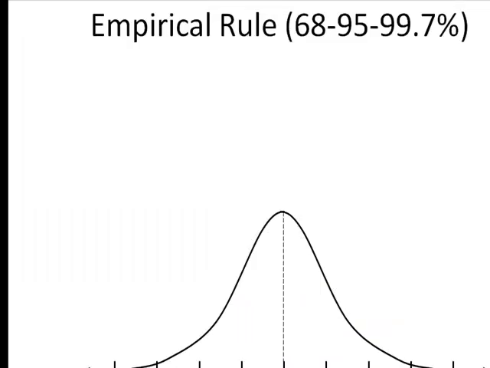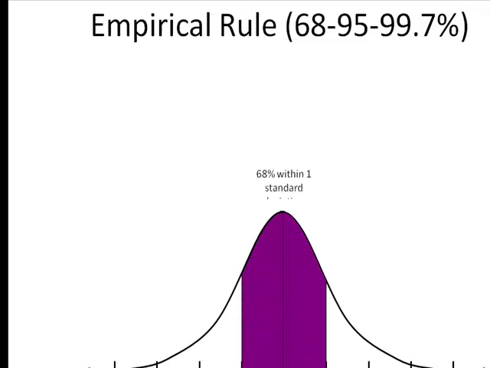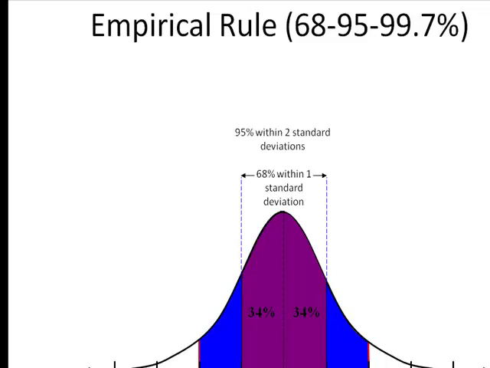Because this is a normal curve, normal being what we normally relate to, there are consistent percentages. The middle, one standard deviation above and one standard deviation below, each take 34% of the inside of the curve, for a total of 68% being within one standard deviation. Between 1 and 2 takes up a total of 13.5% each time.